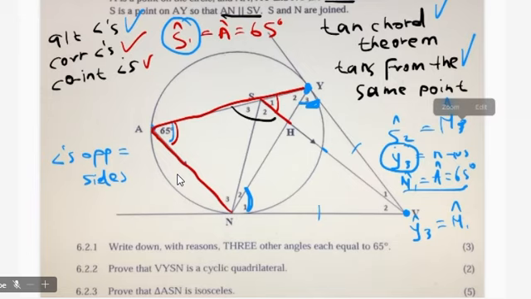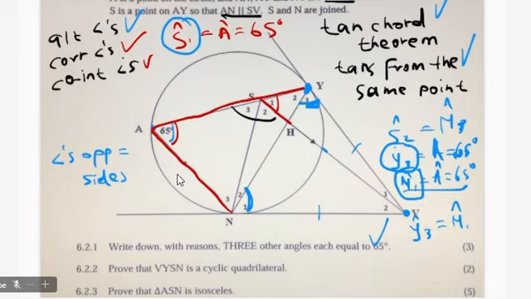Y3 is equal to A and equal to 65 degrees. The other one is N1, which is also equal to 65 degrees. So you have 3 angles that are equal to 65 degrees, meaning we have answered our question, and we also gave the reasons. We have talked about the Tanko theorem and the corresponding angles.